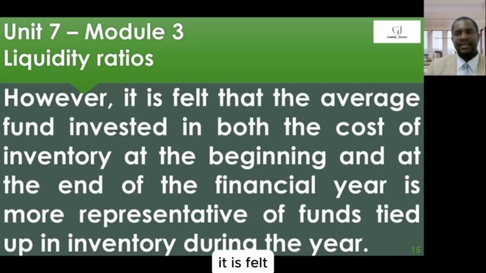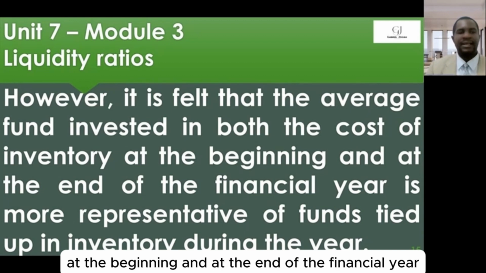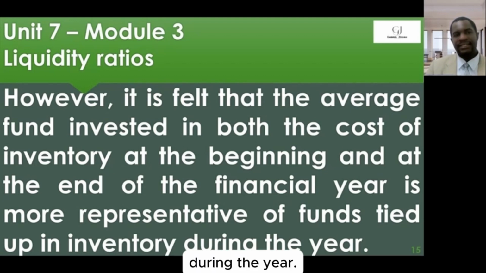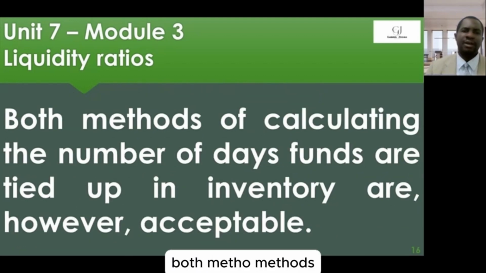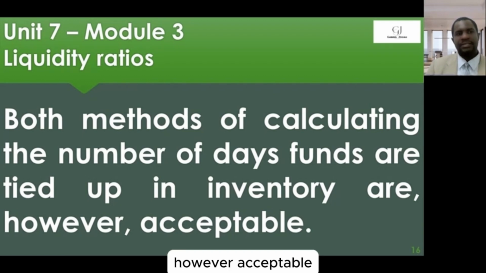However, it is felt that the average fund invested in inventory, at the beginning and at the end of the financial year, is more representative of funds tied up in inventory during the year. Both methods of calculating the number of days funds are tied up in inventory are, however, acceptable.